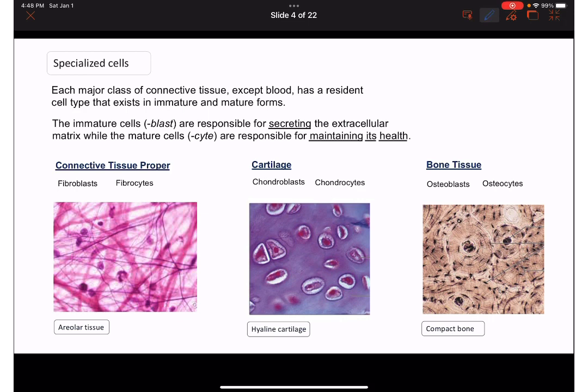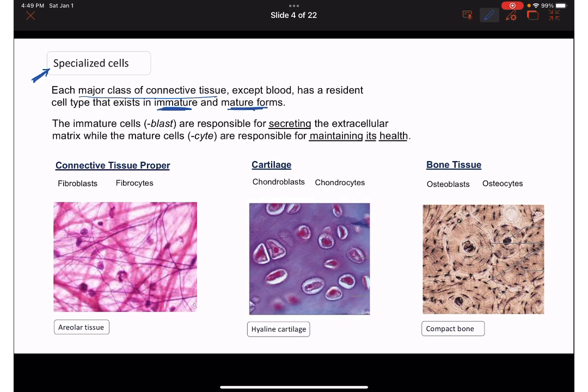Now let's go through and talk about each of these different components, and we'll introduce some connective tissue types in the process. And the first component we'll talk about are specialized cells. So each major class of connective tissue, except blood, has a resident cell type that exists in both immature and mature forms.